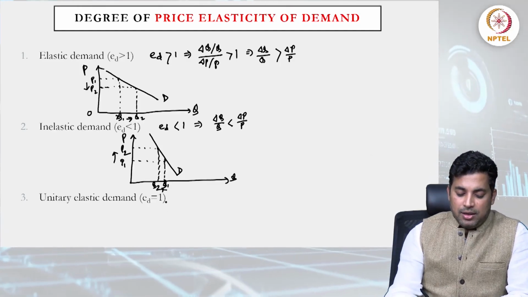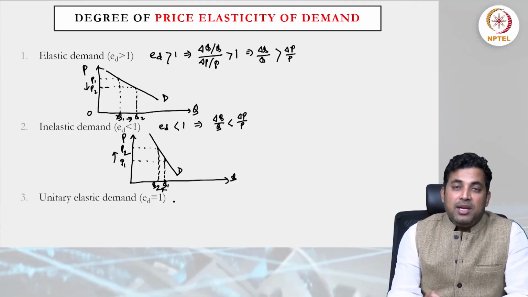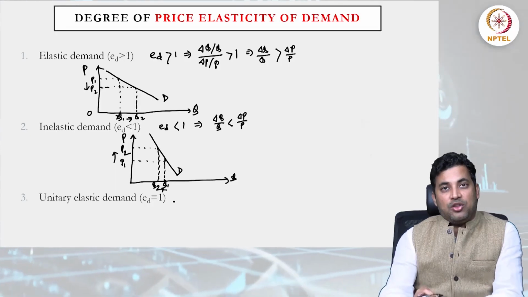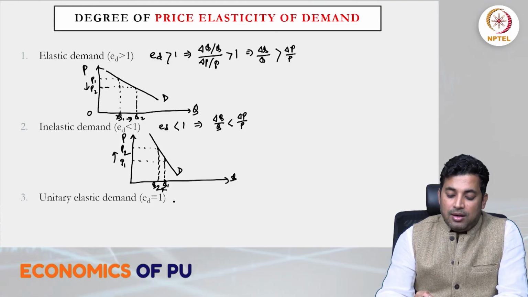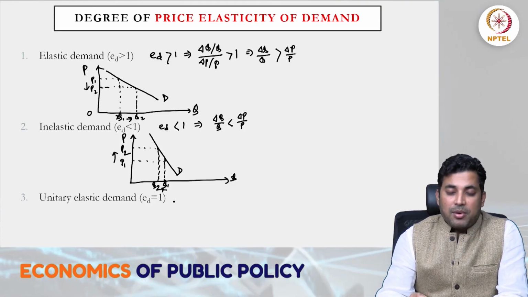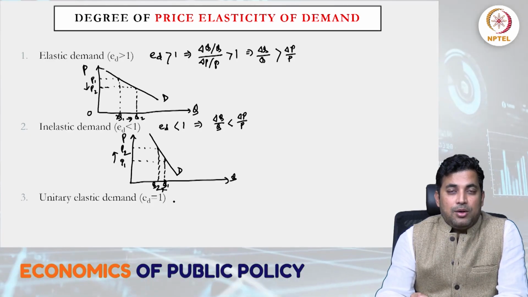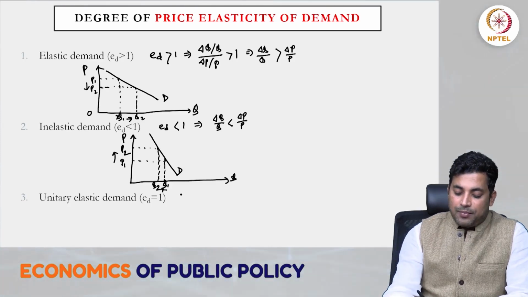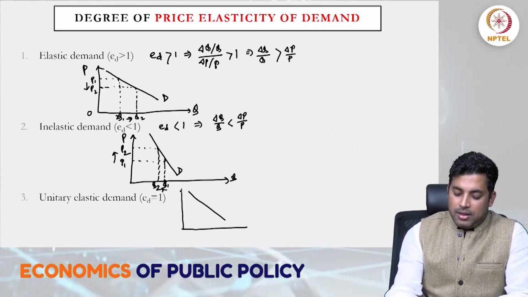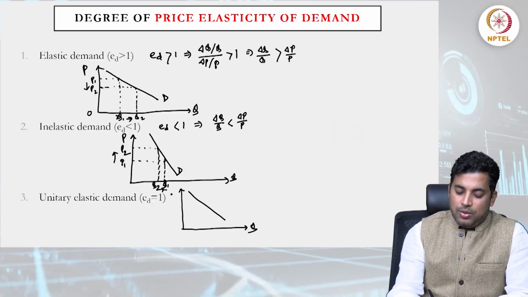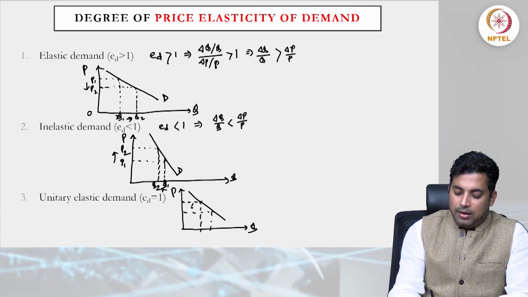So unitary elastic demand will be equal to 1, which means that if you change the price by 1%, then quantity demanded also will change by 1%. So it is like linear, but equal.